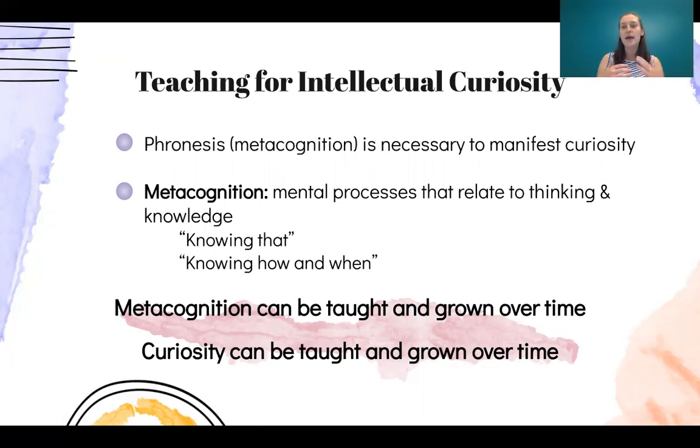Now, metacognition manages knowing a skill and then knowing how and why to flexibly apply this skill. So with this in mind, teachers must use metacognition to manifest curiosity in the classroom. Teachers need to teach metacognition so that we can then see curiosity. And because metacognition can be grown and changed over time, curiosity can be cultivated and grown over time.